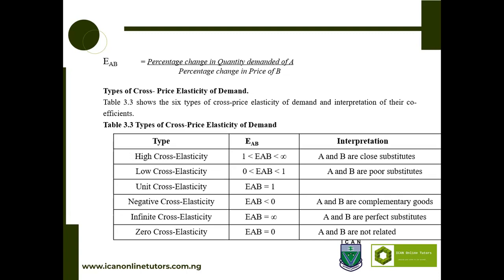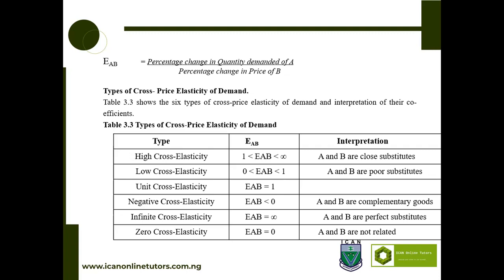We have the unit cross elasticity, where the percentage change in quantity demanded of A divided by the percentage change in price of B equals 1. And we have the negative cross elasticity.